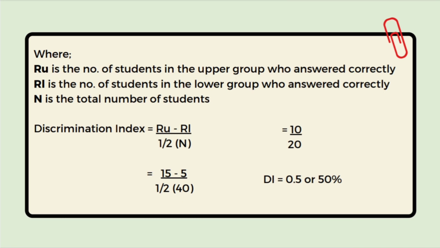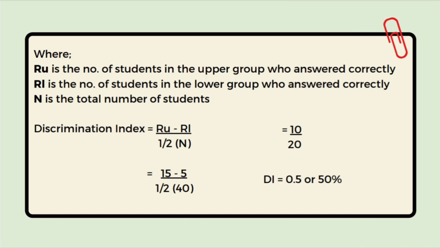So this 40 are those students from the upper and lower group. So 20 students from the upper group and another 20 students from the lower group. So DI is equal to 15 minus 5, which is 10, over 1/2 of 40, which is 20. So discrimination index is equal to 0.5 or 50%.